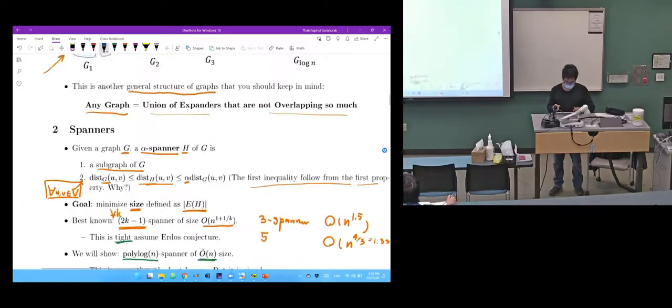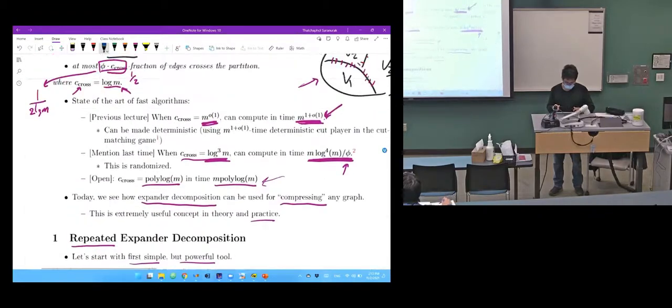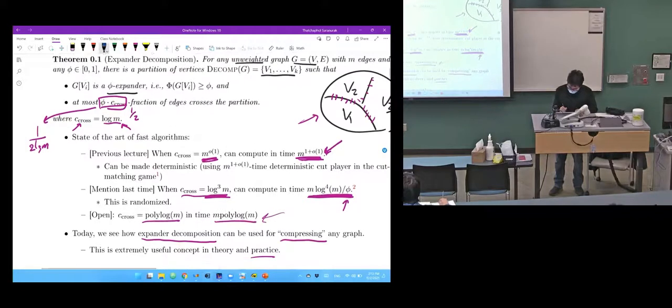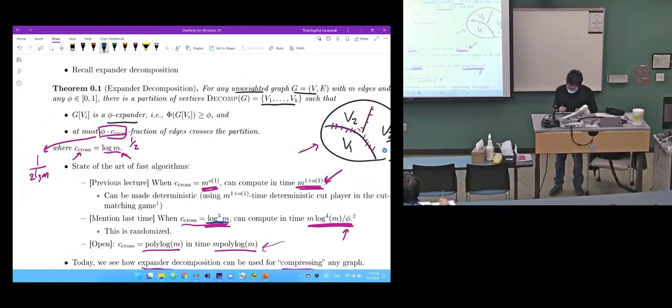When phi is polylog, everything is polylog here, but this is randomized. If you want it deterministic, then you can make this sub-exponential or sub-polynomial, but it's deterministic.